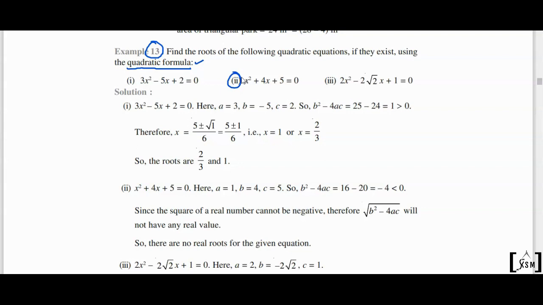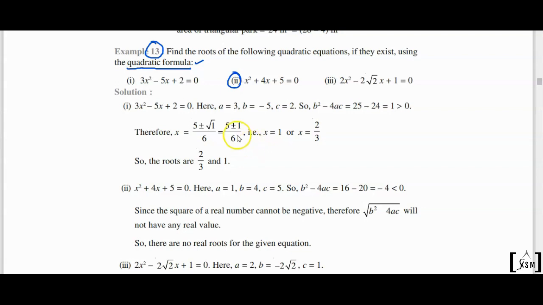With factorization, some questions may not be solved because not all quadratic equations can be factorized. So yes, the quadratic formula is one-point solution for all the questions, but the factorization method is simpler if it clicks, okay?